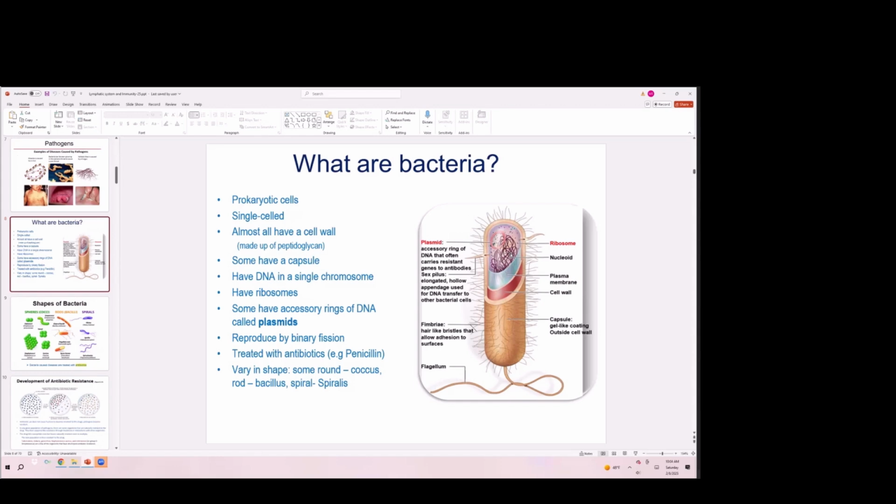But now there is a separate DNA that bacteria have that is circular, and they're called plasmids. Some of the genes that bacteria have in the plasmids produce proteins that can make us sick.